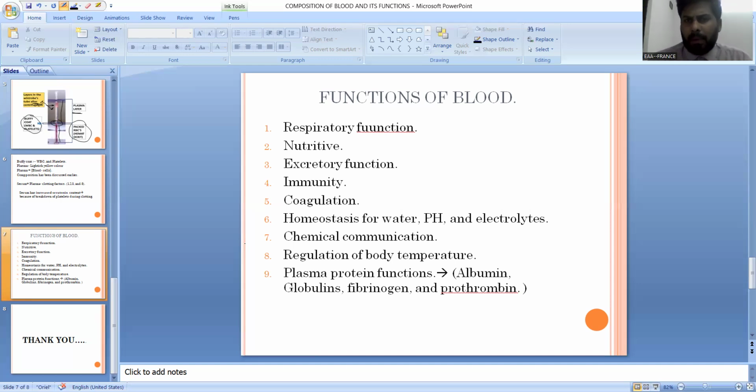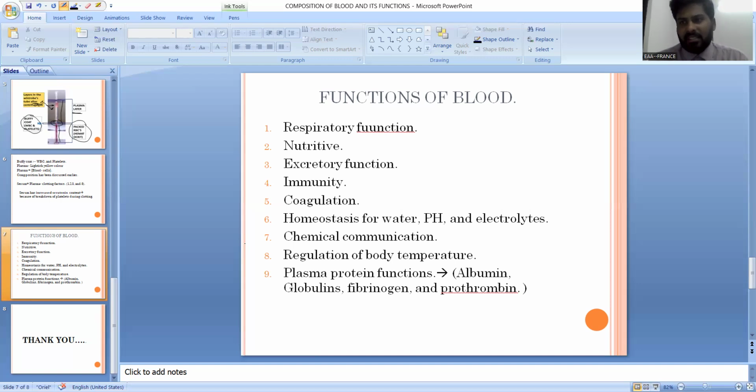And coming to the part of immunity, as we all know, the blood has WBCs, which play an important role in providing immunity by fighting against foreign organisms. Coagulation. How does it help in coagulation?